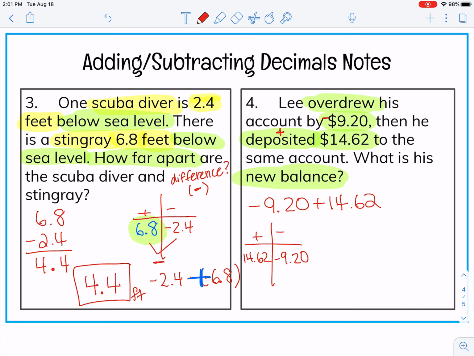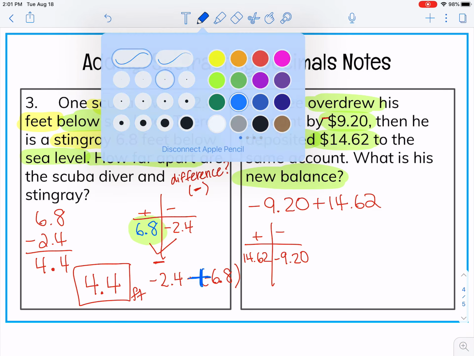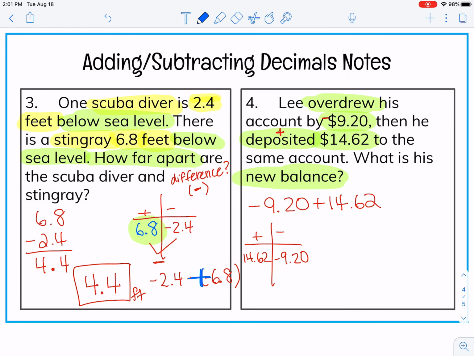And then we can start figuring out what operation we're going to use. We know that the two numbers are on both sides, so we would have to subtract them. I know that the bigger absolute value would be the $14.62, so that would go on the top of our operation. And then 9.20 would be the lower absolute value, which goes on the bottom.